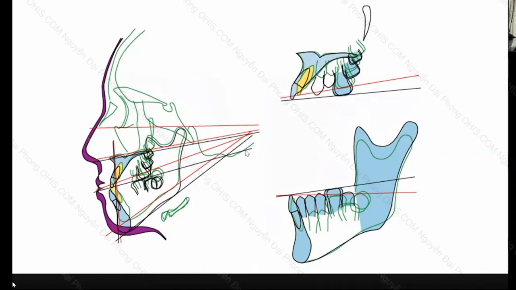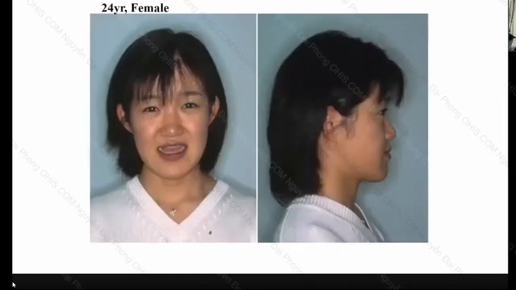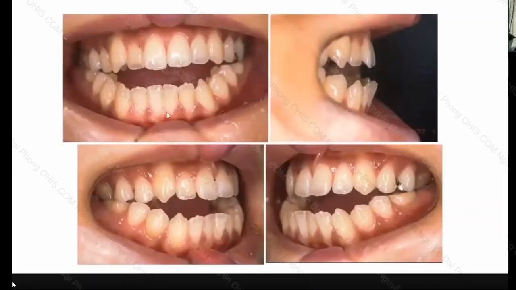And some case, this is also an interesting case. This is not my case. My friend's office, she came. So anyway, she had an anterior open bite like this, but she visited some dentist.